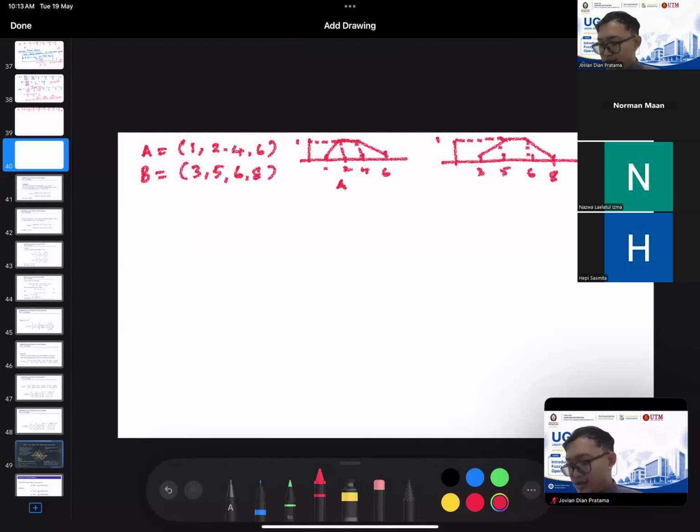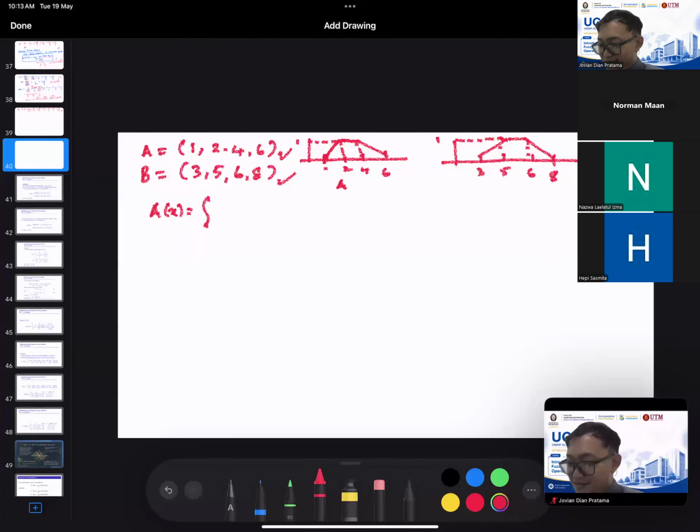So this is one way to represent your trapezoidal fuzzy numbers, where you can see there are 4 components, representing the values 1, 2, 4, and 6, and so on. Besides that, you can also represent this in terms of mathematical equations.